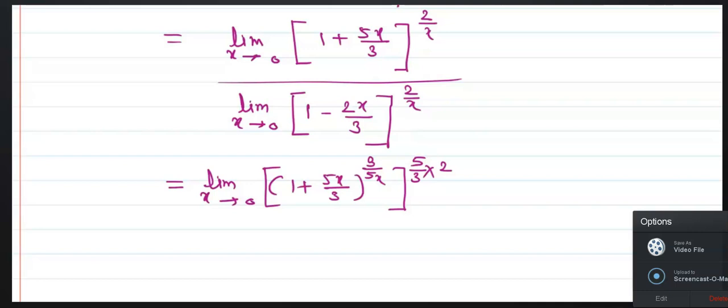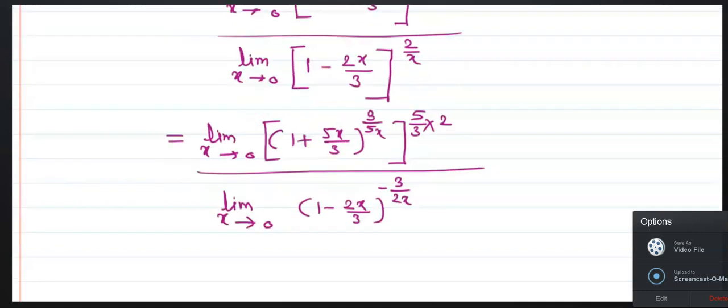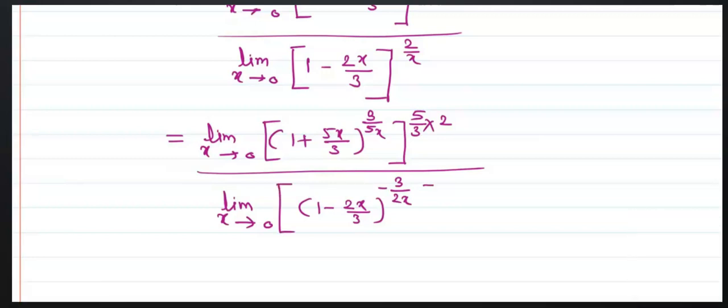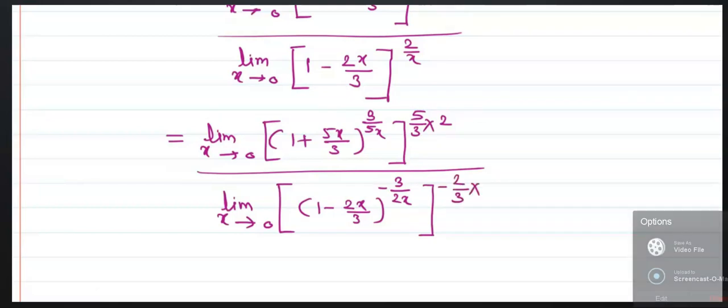limit of the denominator. It is 1 minus 2x upon 3, and the reciprocal of this is minus 3 upon 2x, and originally we have 1 upon x.